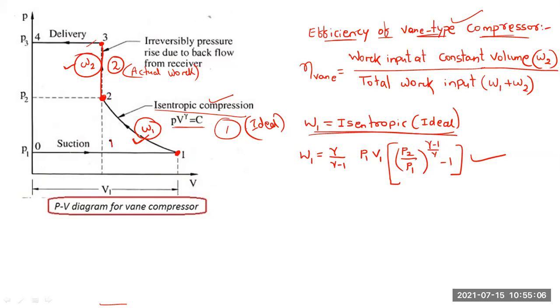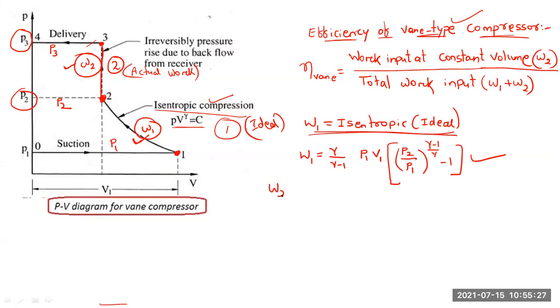Here in this line the pressure is P1, here suppose the pressure is P2 and in this line suppose the pressure is P3. So for isentropic work the lowest pressure is P1 and highest pressure is P2, so I have taken the pressure ratio as P2 by P1. So this is W1.